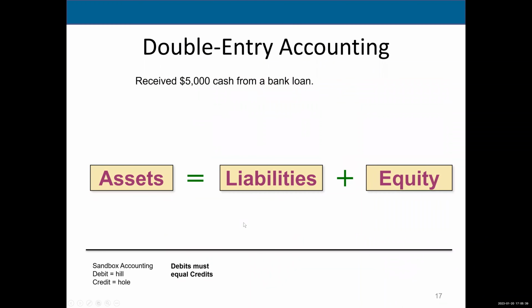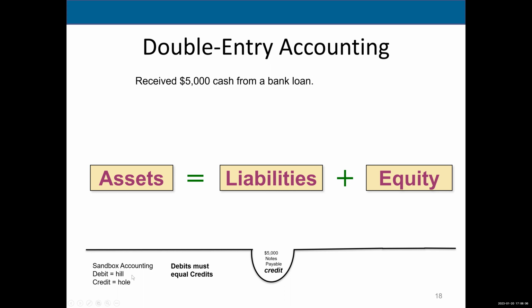We received $5,000 cash from a bank loan. If we get a bank loan, we owe money, right? Well, we're going more in the hole. I like to think of it that way. So we've got a hole going here because now we owe $5,000 in notes payable. So we increase the liability notes payable with the credit. Now we receive cash of $5,000.